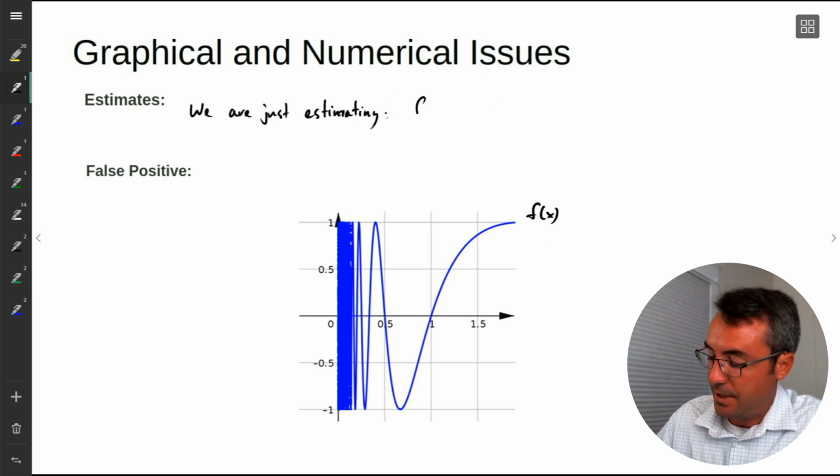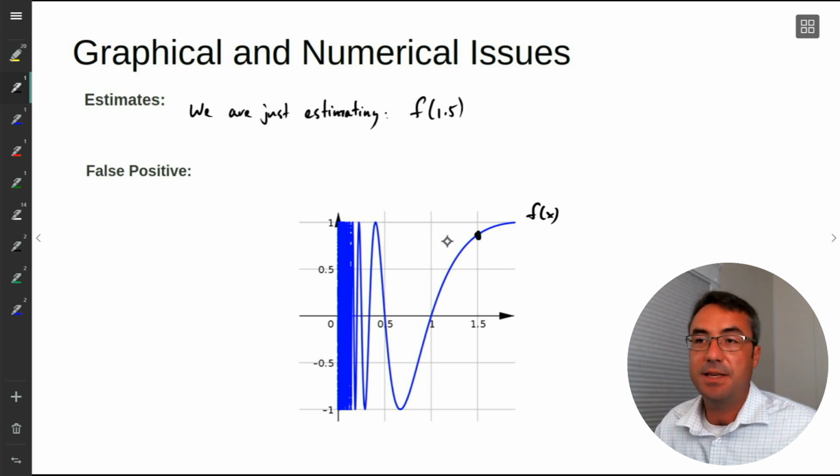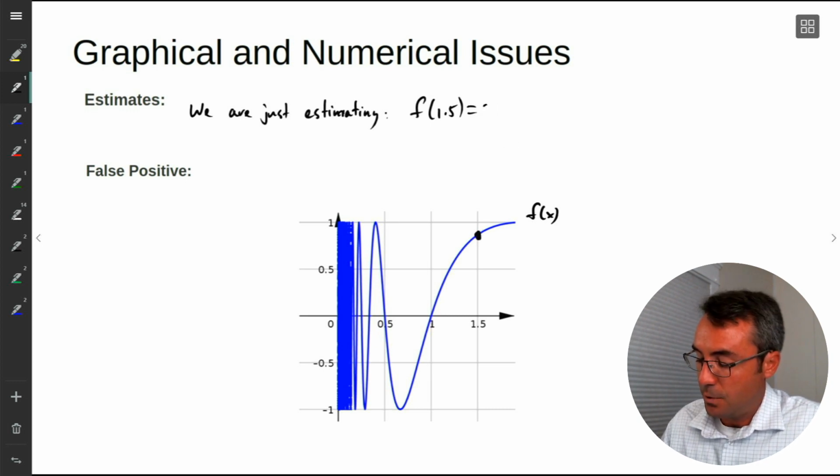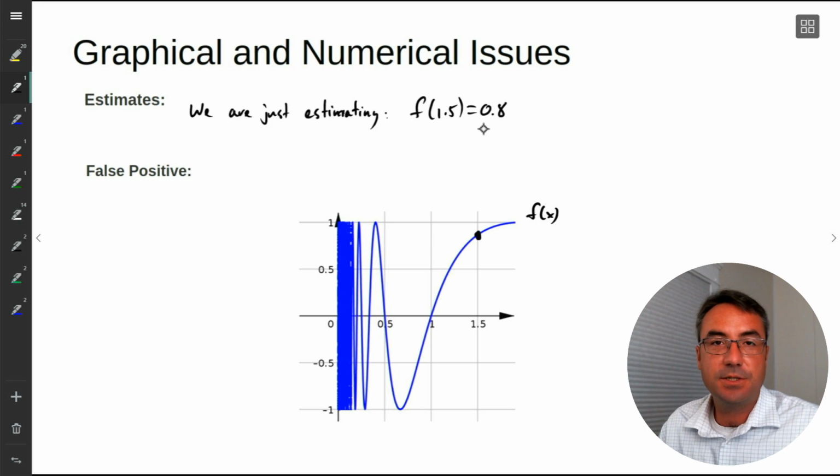So for this one, I might say f of 1.5 is about 0.08, but I might be off a little bit. It's really just an estimate.